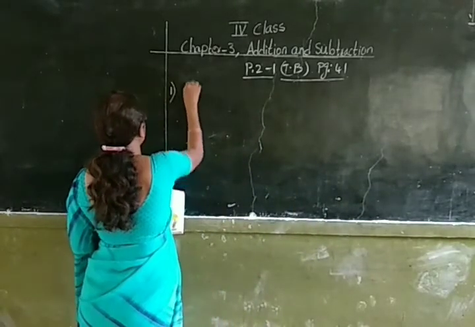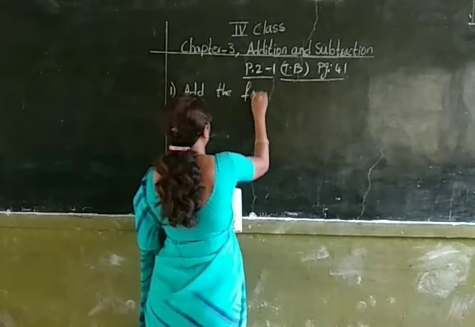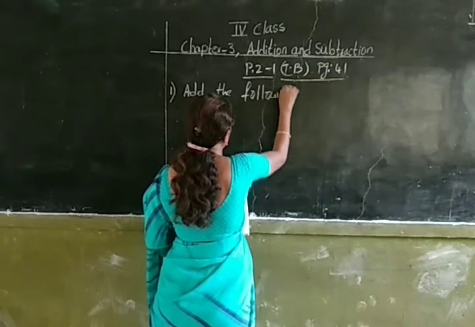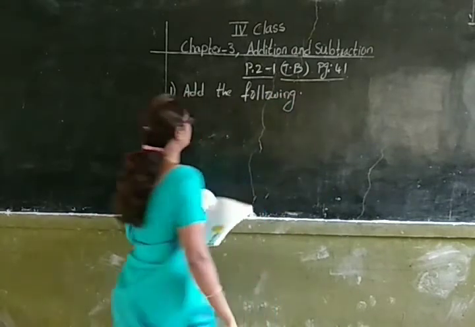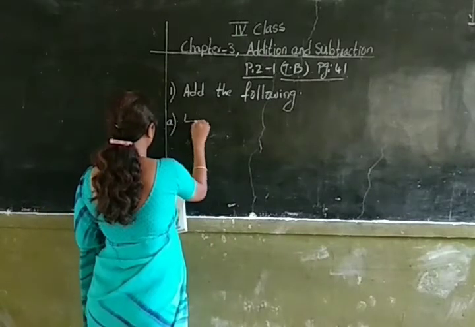So the first question is: add the following. Okay children, add the following. Now let us do the first sum.